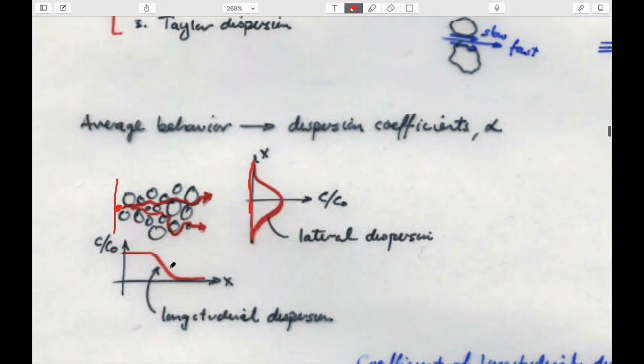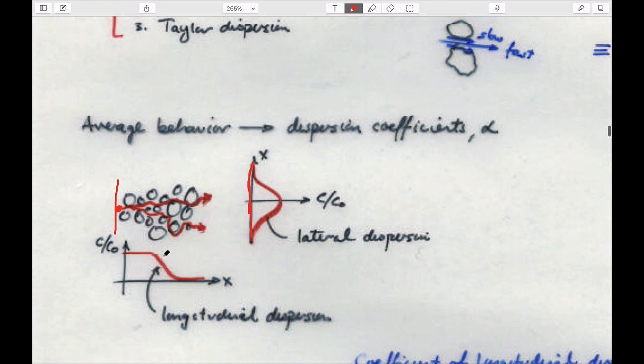And so this response that we've talked about in these little curves, plug flow would be this vertical component. More and more dispersion means that this front gets canted over progressively more and more.